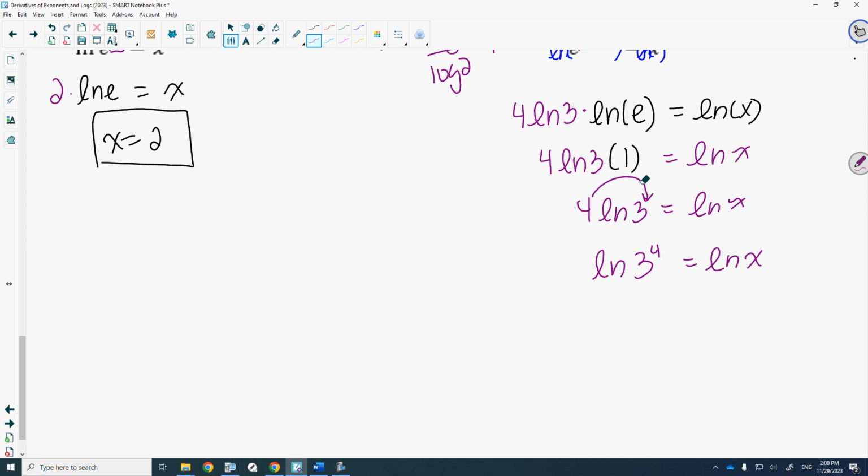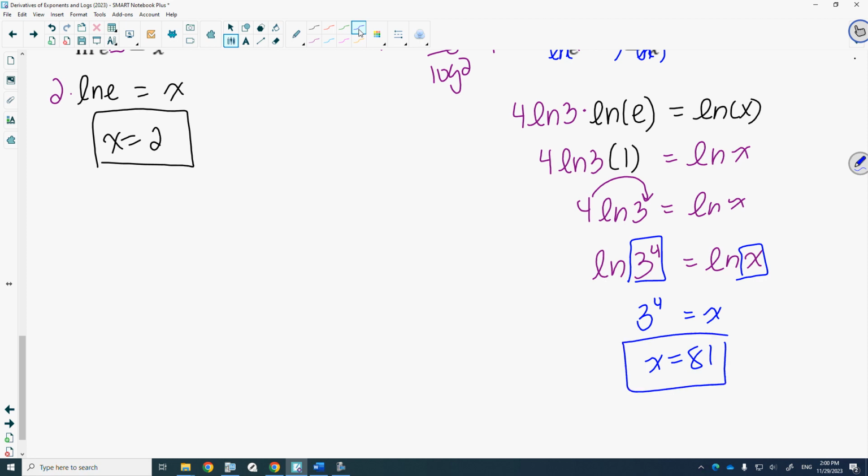If you have the natural log of both sides, you can drop the natural log and equate the arguments. So if you have a natural log equal to a natural log, you get to drop them and equate the arguments. So the arguments would be 3 to the power of 4 is equal to x. X is equal to 3 to the power of 4, which is 81. Okay.